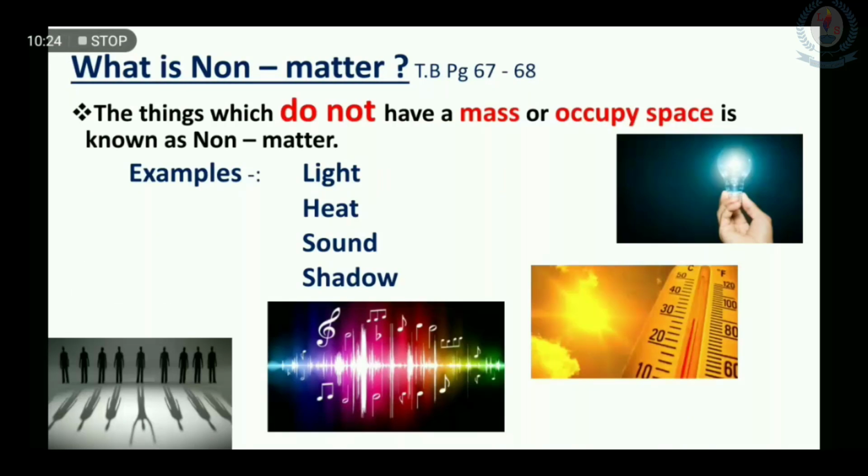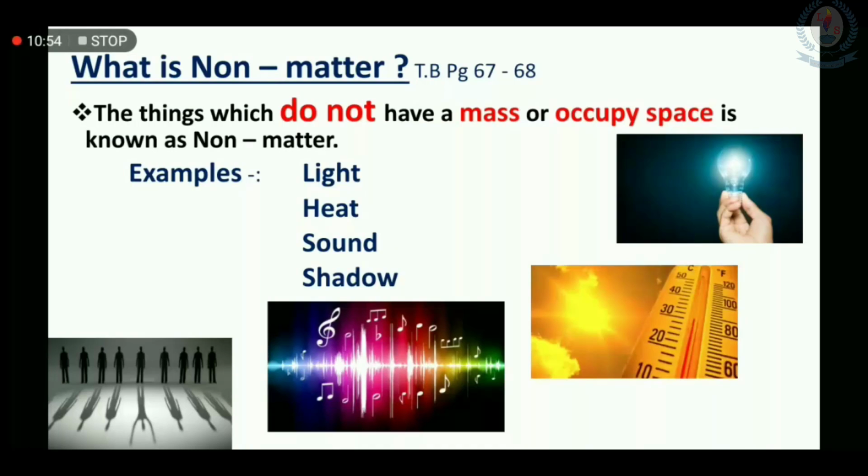Next is about non-matter. Before starting to explain about non-matter, I'll give you a clue like this. Opposite of matter is non-matter. Now let's revise the definition of matter for a while. We learned matter is anything which has a mass and occupies space.